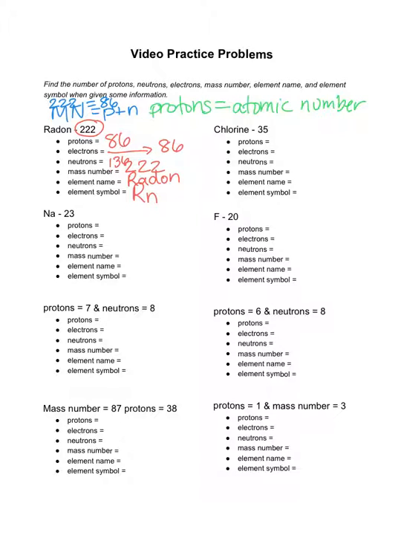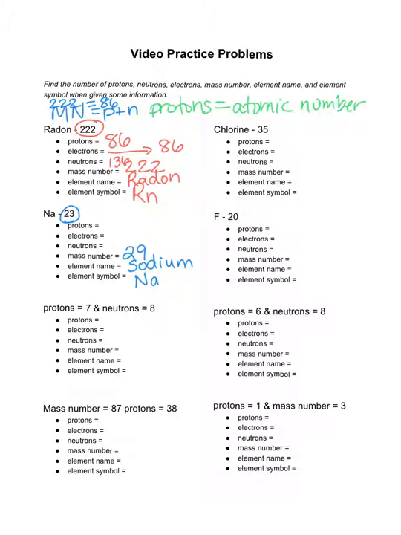The next one we're going to look at here is Na-23. So Na, I'm going to use my periodic table. I'm going to find Na on the periodic table, and I'm going to discover it's in the first column of the periodic table, 3 down, and Na stands for sodium. So I'm going to write down the element name is sodium. The symbol is Na, and that number dashed after it is the mass number. So that's 23.